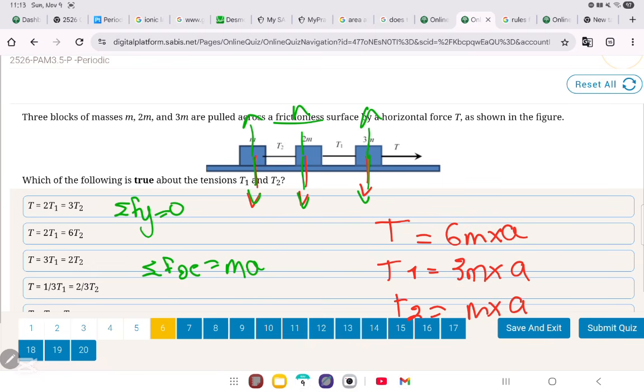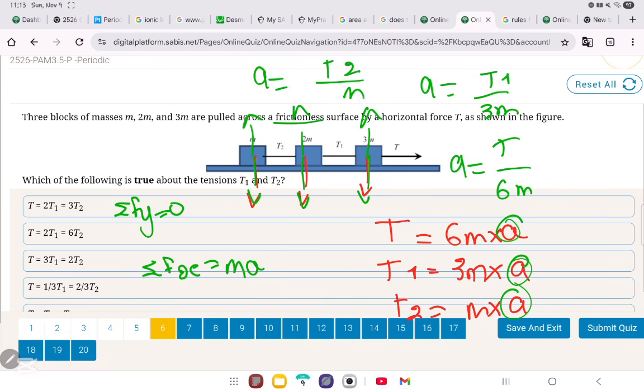Now, because all of this is like one rope pulling the 3 blocks, these 3 accelerations are all the same. That means acceleration equals T over 6m. Acceleration equals T1 over 3m. Acceleration equals T2 over m. And they are all equal to each other, right?